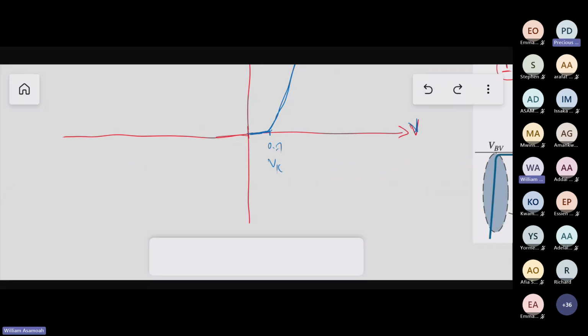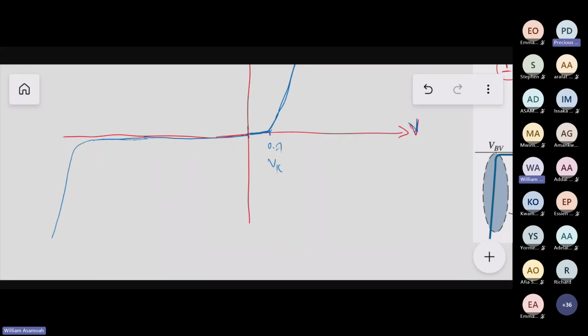It won't conduct anything. But the moment you put a voltage greater than its maximum reverse voltage, or the breakdown voltage, I told you that any diode has a breakdown voltage. When it exceeds that breakdown, the diode will suddenly conduct.